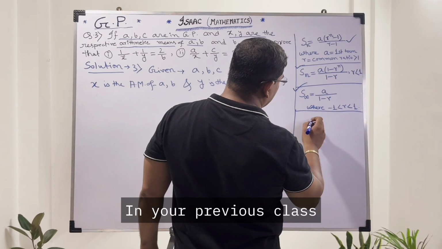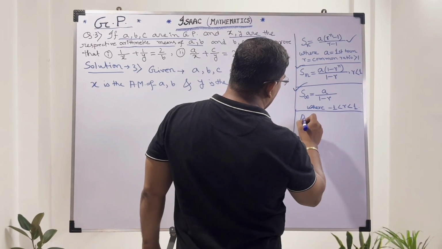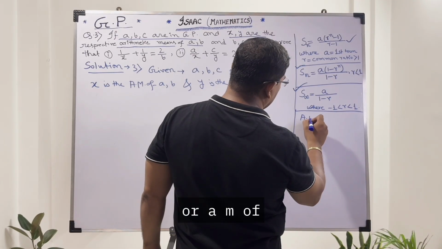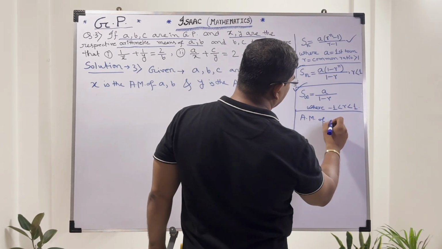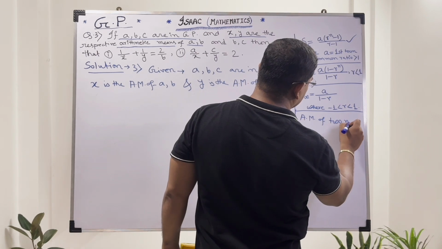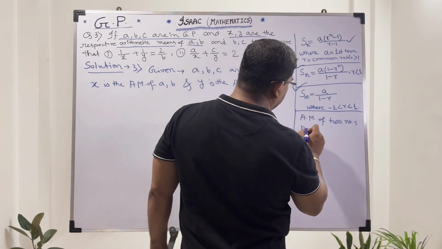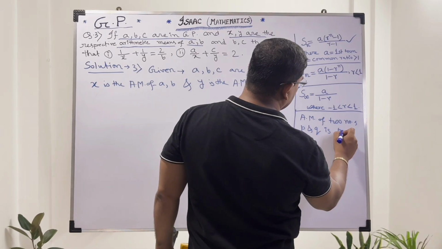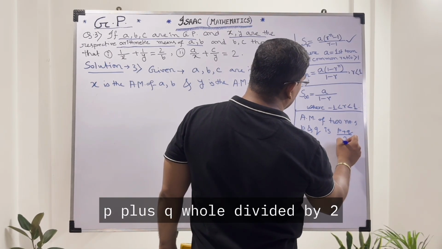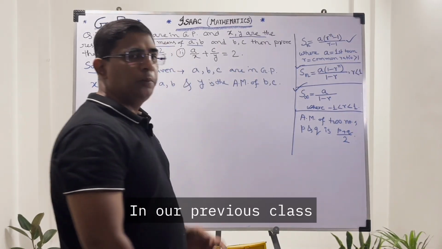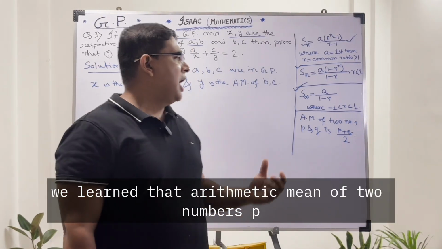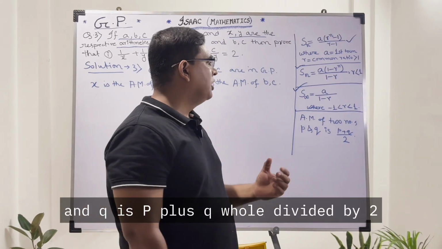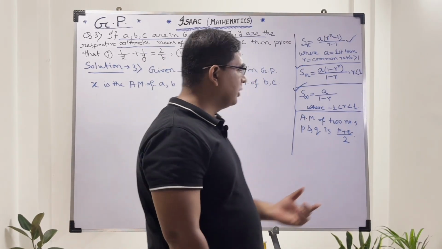In our previous class, we learned that the arithmetic mean, or AM, of two numbers P and Q is P plus Q whole divided by 2.